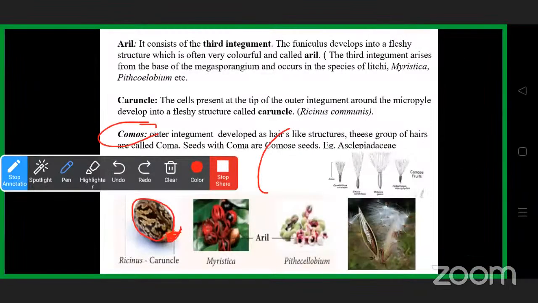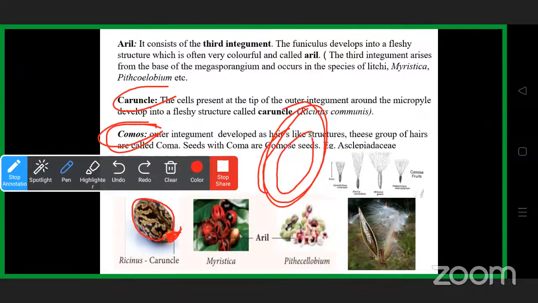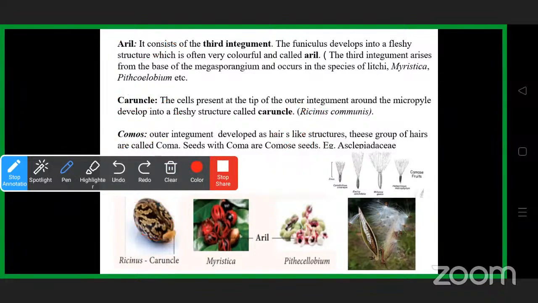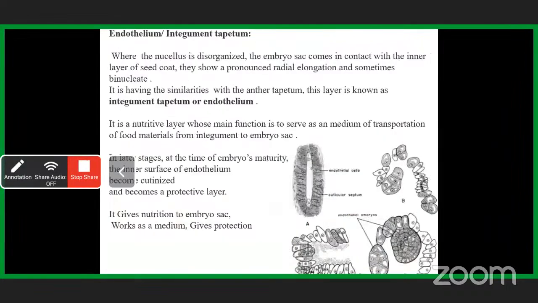Aril, caruncle, and coma: these three are extra integumentary parts, and these three are useful in the dispersal of the seeds.